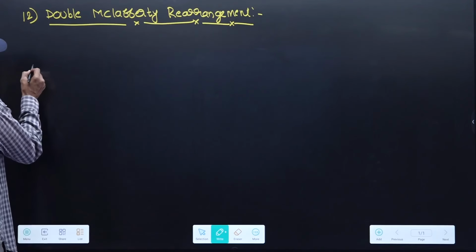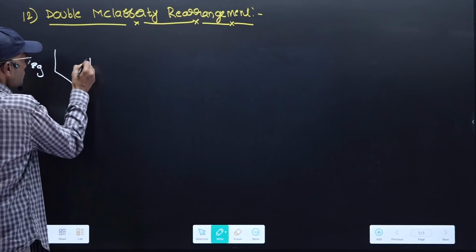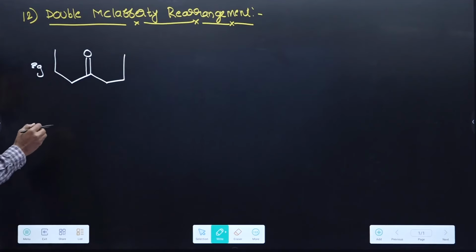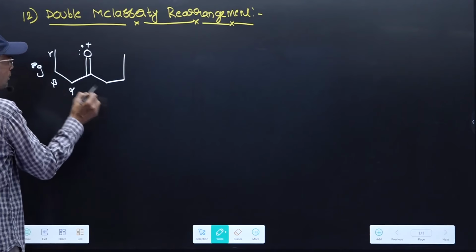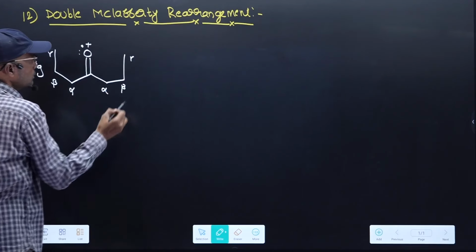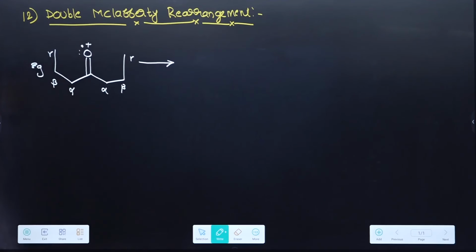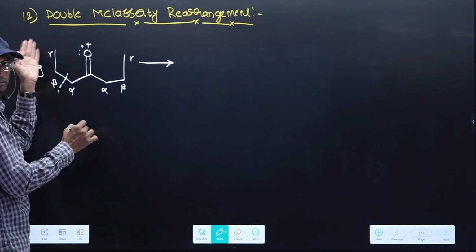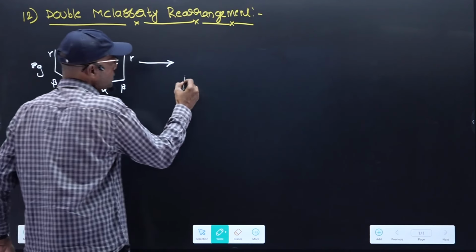See this. Here I am taking alpha, beta, gamma. This is double bond. This is radical cation. Alpha, beta, gamma. Now the question is, how many times should I do McLafferty? Two times. First time, left side. I am breaking this side. If I break here, I can remove this, right? Can I migrate this hydrogen here? Then what will we get?